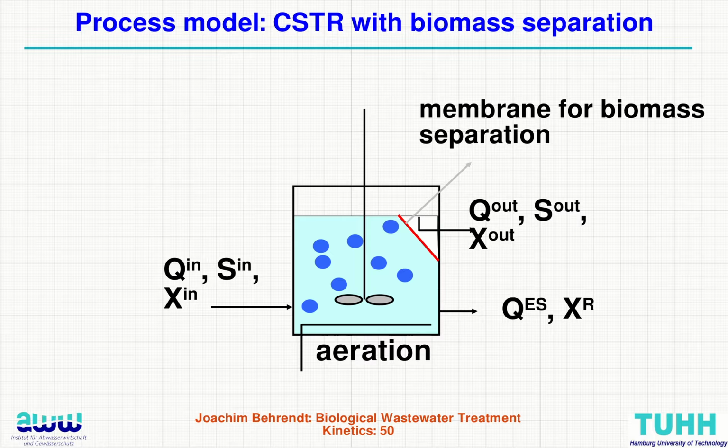Therefore, we are doing this experiment in mind that we have our CSTR, but we are separating the biomass, also with a membrane. The membrane has, for example, special properties such that it separates 100% of the biomass but lets the substrate pass through. This is done, for example, with micro or ultrafiltration. And then, of course, we have to remove excess sludge as well.